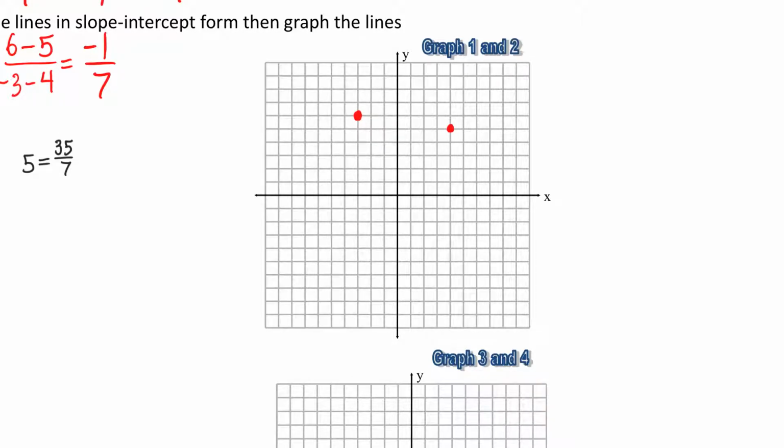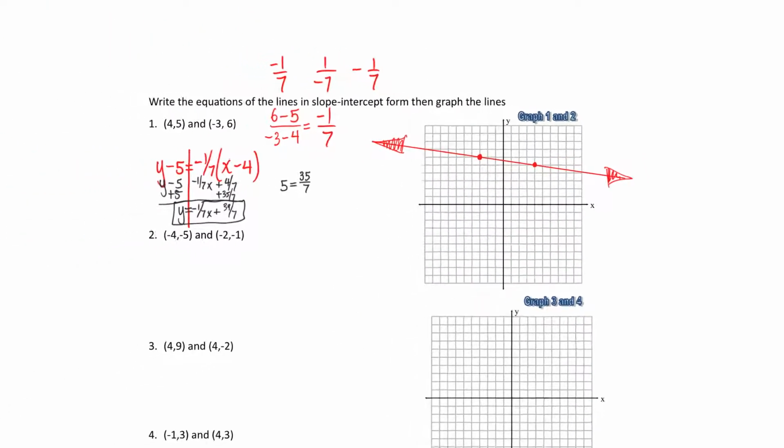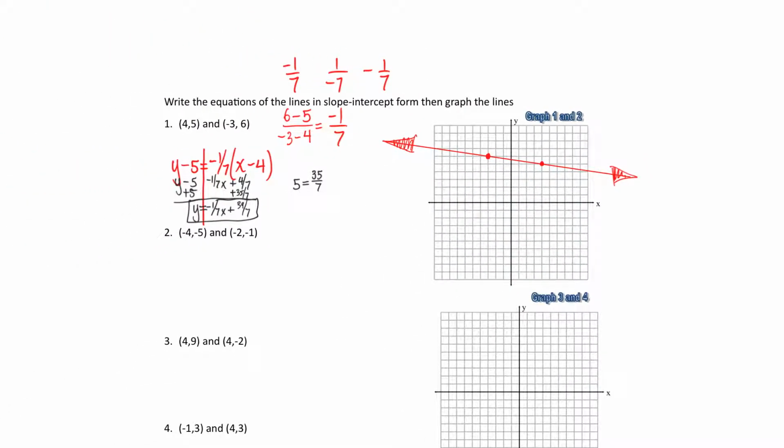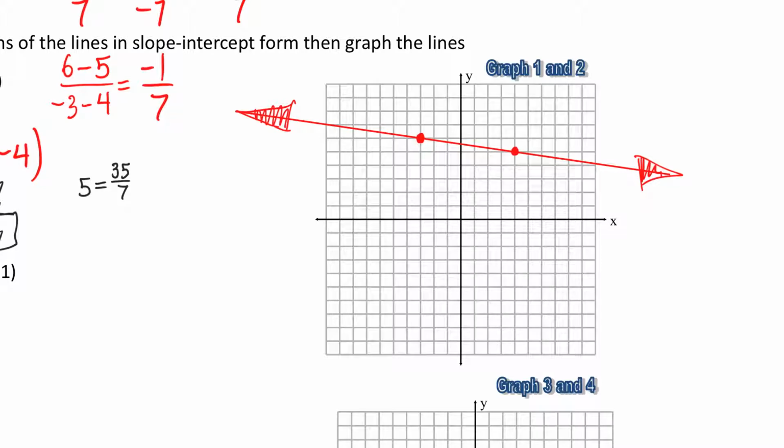So I've got 4, 5, and negative 3, 6. I'm going to draw my line through that. So it should look something like that.